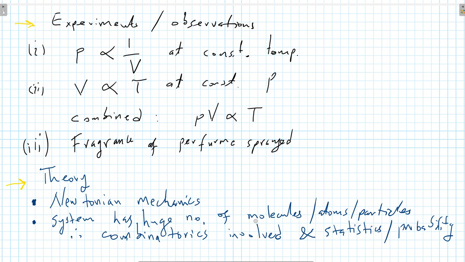So this is where probability comes in. If you want to study the big picture or the average properties of a system, then probability theory is going to be helpful. So from the theory path, there is going to be a probability aspect.